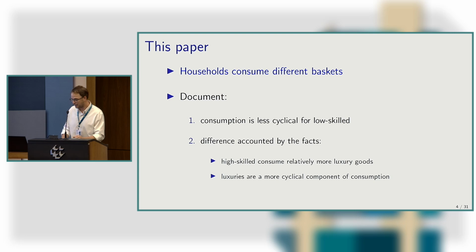The reason for this discrepancy, and what I argue in this paper, is that households consume very different baskets. In particular, I document not only that consumption is less cyclical or more stable for low-skilled workers, but that this difference is accounted for by the fact that high-skilled workers, who are richer, consume relatively more luxury goods. And luxuries are the more cyclical component of consumption.